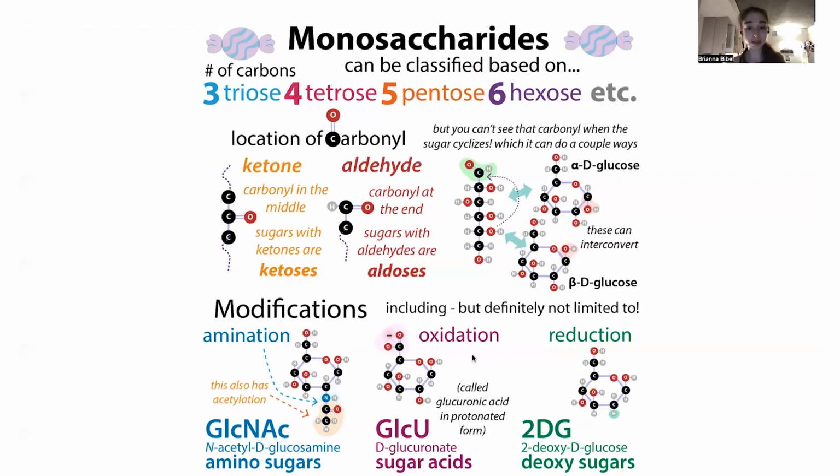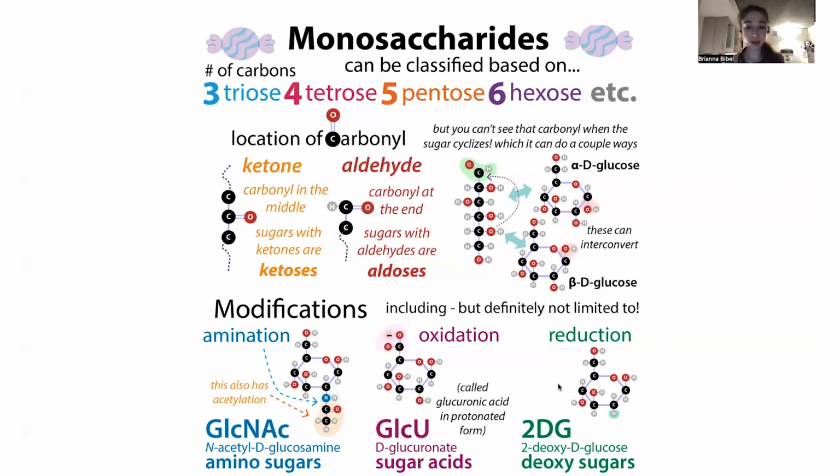So you'll see this written as either glucuronate if it's in the deprotonated state, or glucuronic acid if it's in the protonated state. You'll often see it one or the other, because you don't really know what it is exactly. You can guess based on the pH what proportion is going to be in what state, but those are interconvertible. So you'll see it written both ways.